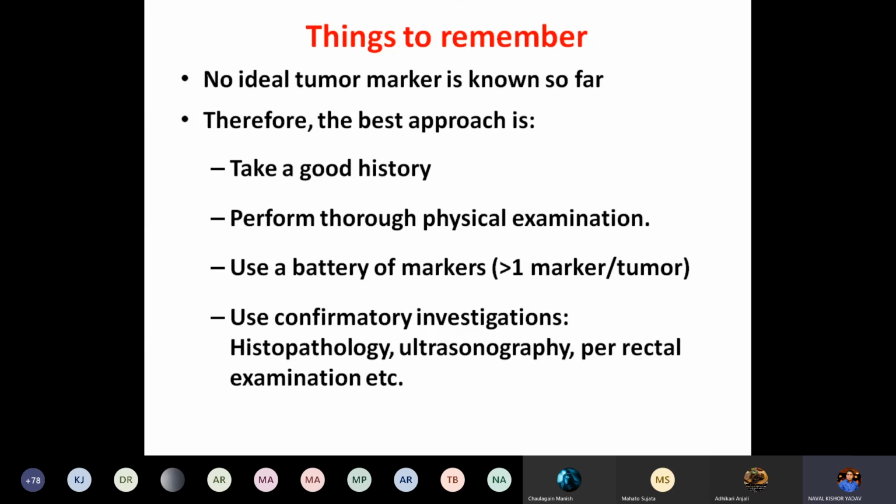You will get each and every explanation if you give the time, and more than 50% of diagnoses can be done by the history and physical examination. Only a few can be supported by these tumor markers, and for more confirmation, you can go for histopathological examination for the cancer.